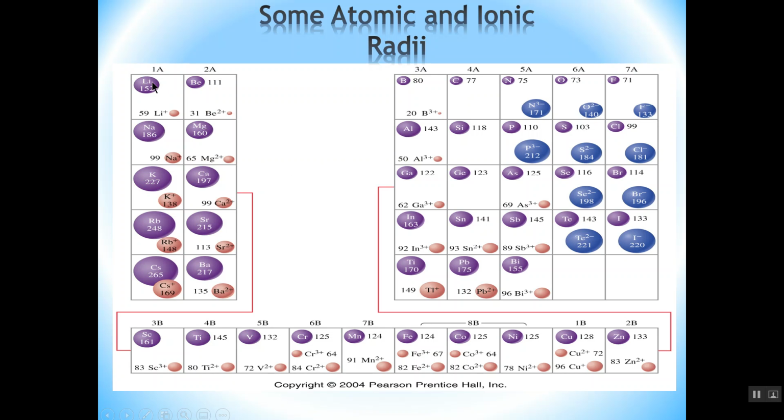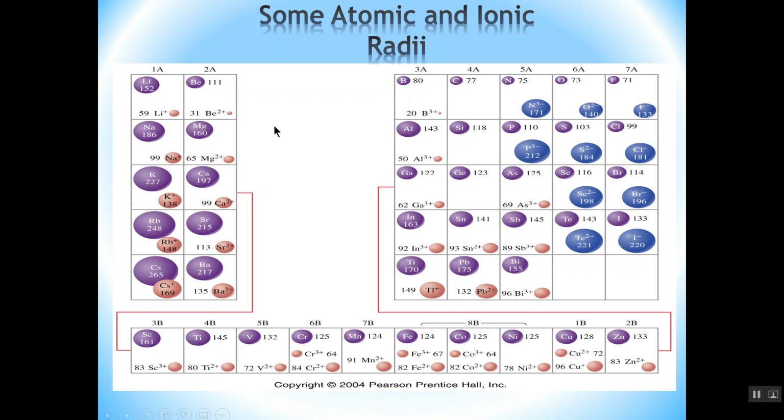The purple spheres represent the atoms, while the pink ones represent the ions. They give you the sizes, and all these numbers are expressed in picometers.